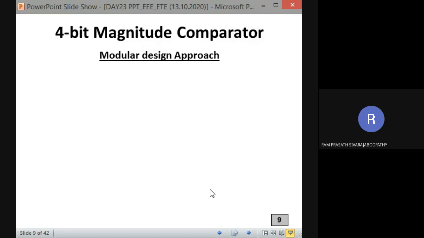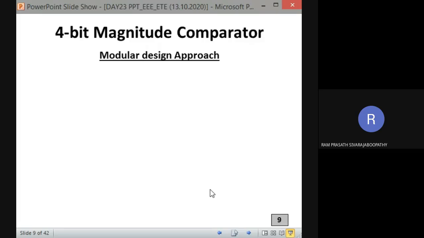Now you people tell me how many 1-bit magnitude comparators I need to build a 4-bit magnitude comparator. எத்தனை 1-bit magnitude comparator எனக்கு வேணும் to design a 4-bit magnitude comparator? Any idea?